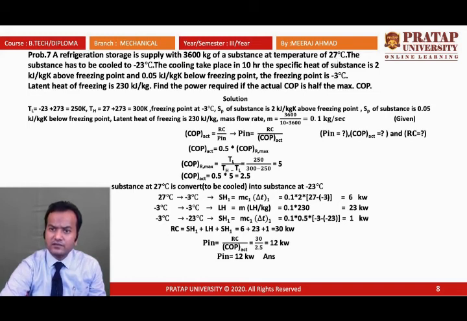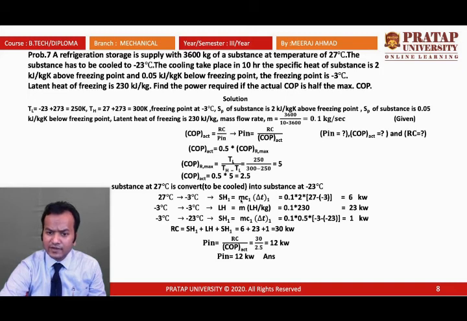The heat extracted for this sensible cooling is equal to m C1 delta T.